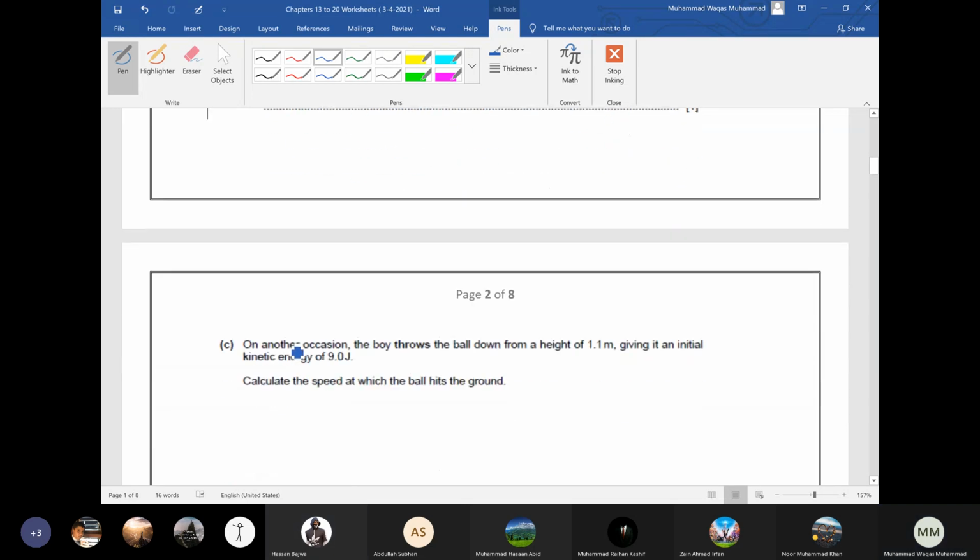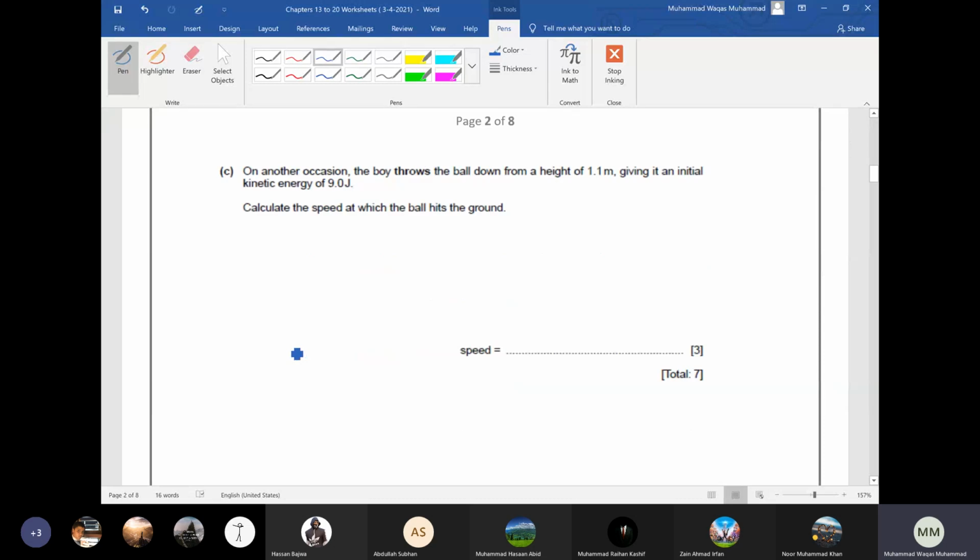Yes. Okay, now beta, on another occasion, the boy throws the ball down from a height of 1.1 meter, giving it initial kinetic energy of 9.0 joules.